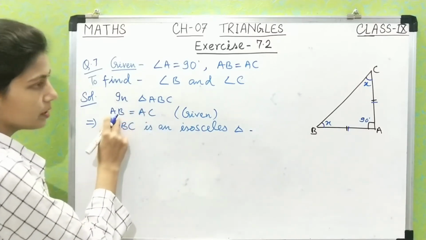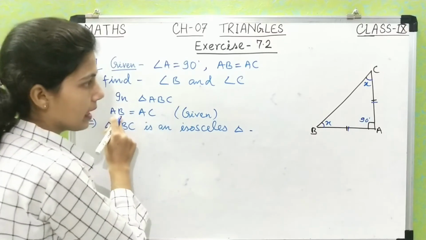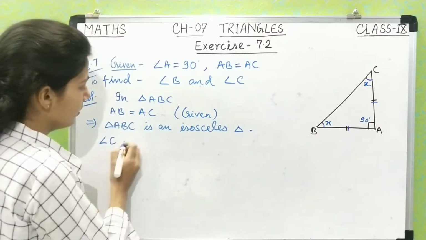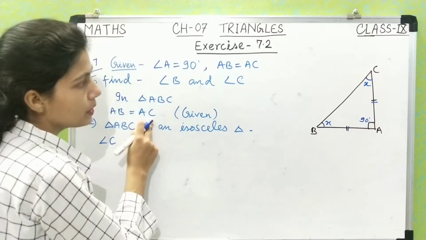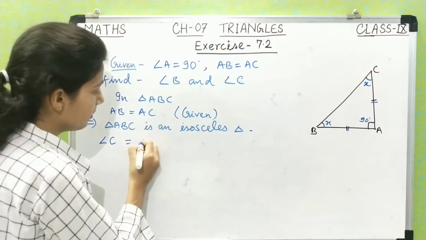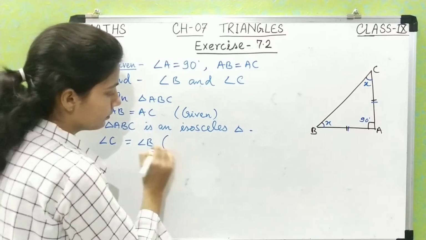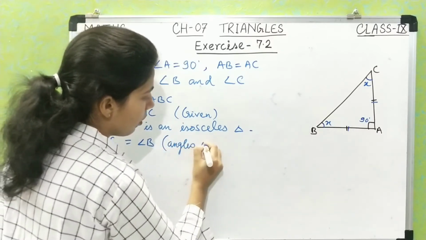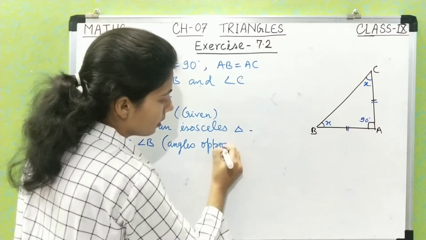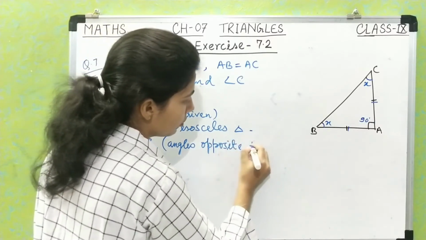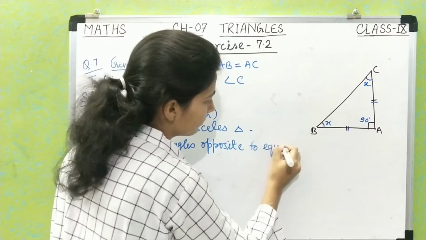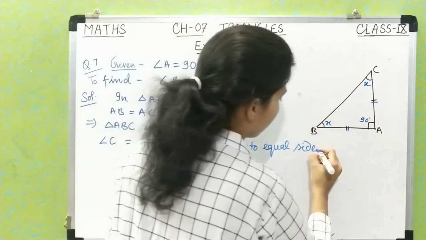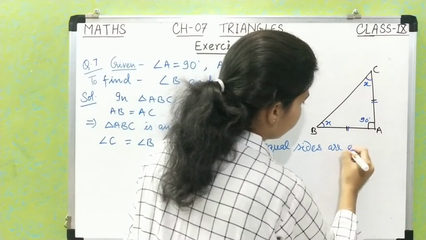The angle opposite to side AB is angle C, and the angle opposite to side AC is angle B. So angles opposite to equal sides are equal.